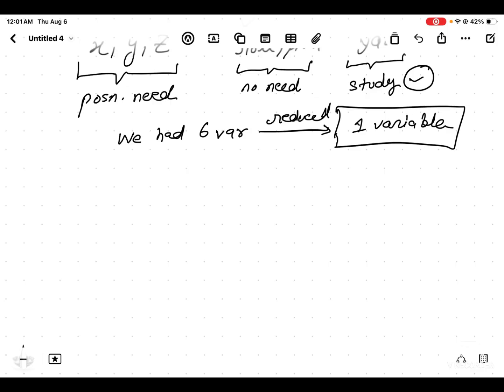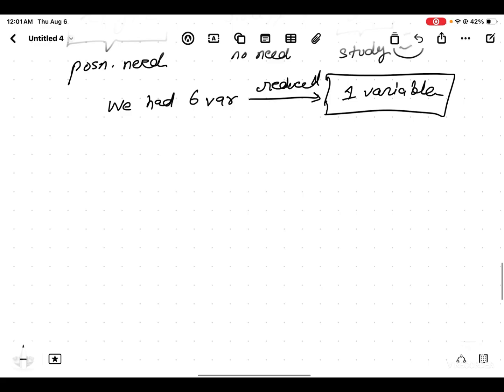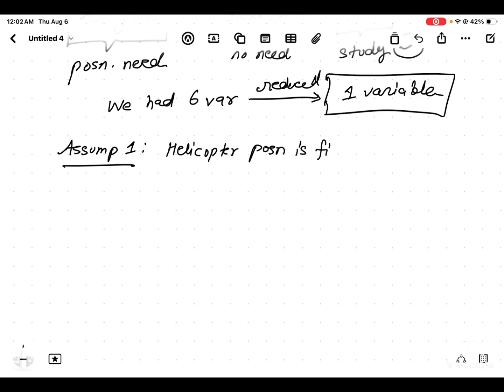So the problem is reduced, but there are two assumptions in the problem. What are they? The helicopter position is fixed. That means x equals constant, y equals constant, and z equals constant. So we don't look into these parameters.